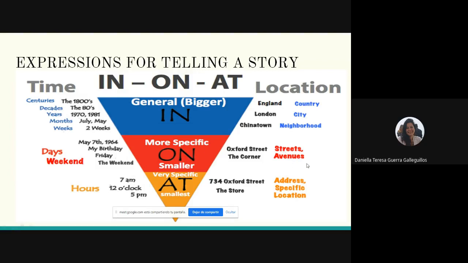In terms of location, you use on for streets and avenues, but not for addresses. Addresses go with at. For example, where do you live? I live at 734 Oxford Street. But when you say the street name only, say on.